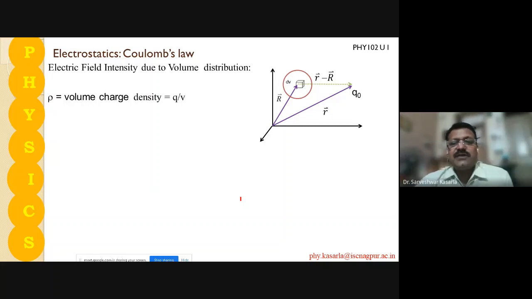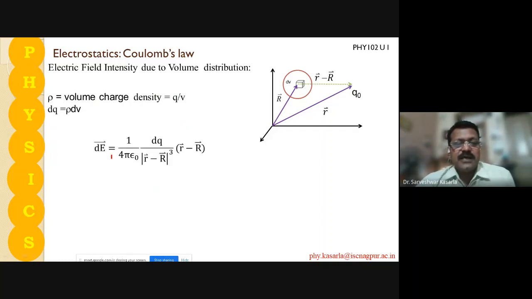In similar lines, one can find the intensity due to volume charge distribution. Here the volume charge density is rho, which is equal to q by V. This could be any shape, but if you consider a small volume dv having position vector R, and we have to find the intensity at position vector small r, then the expression will be the same: dq is equal to rho into dv.